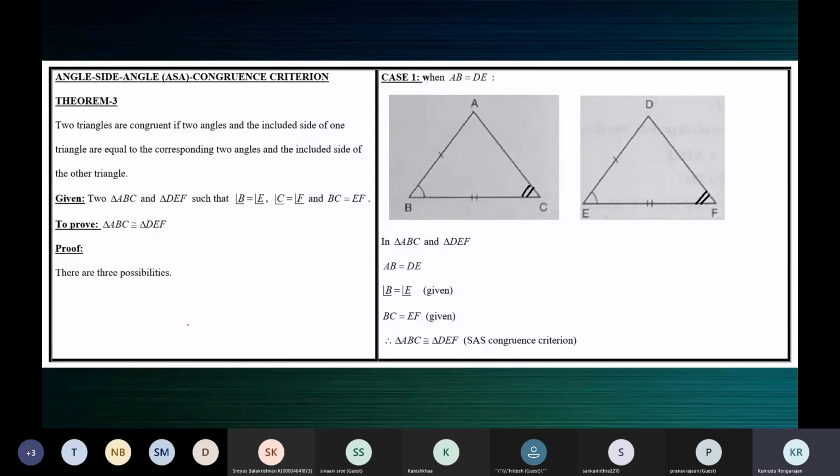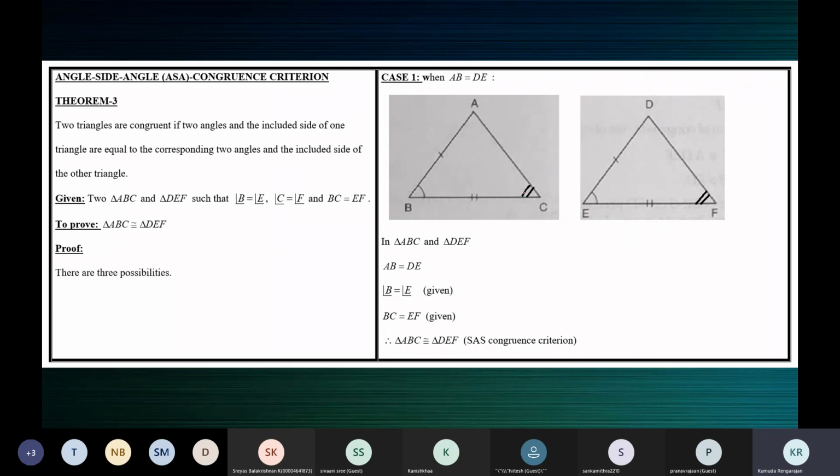All right, so see the statement: two triangles are congruent if two angles and the included side of one triangle... So see here, two angles. In triangle ABC, the two angles are angle B and angle C. Angle B and angle C include the side BC, the included side.